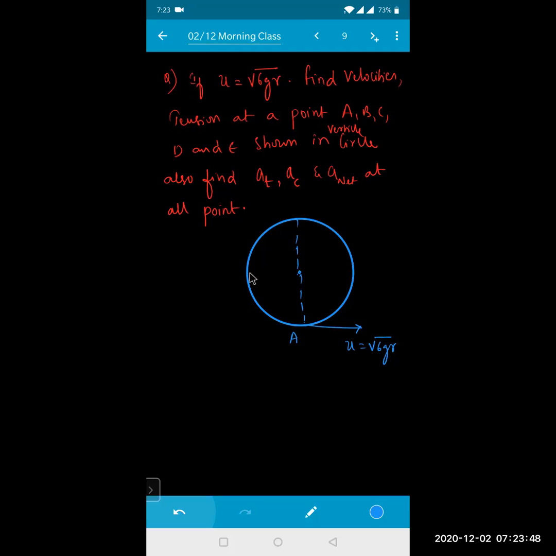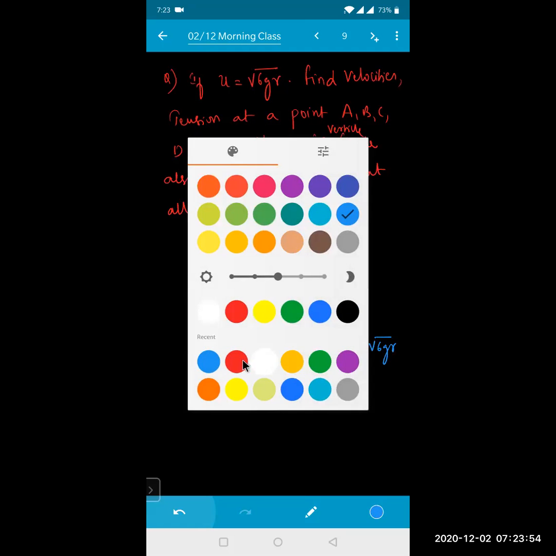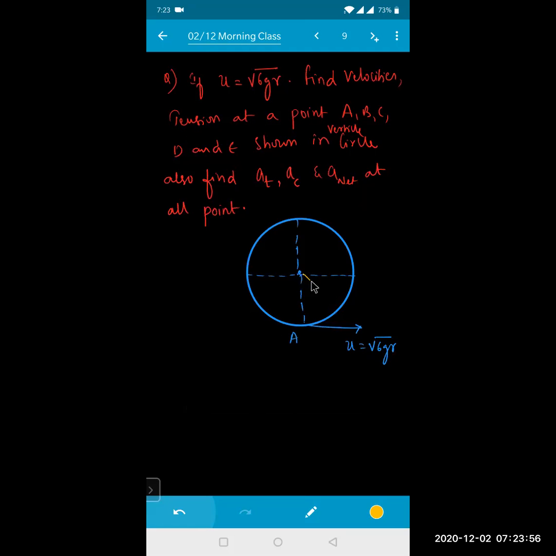So this one is your A, and this point is B, this one is C, this one is D, and this point is E. And this angle I'm giving you as 60 degrees, and this angle as 30 degrees.